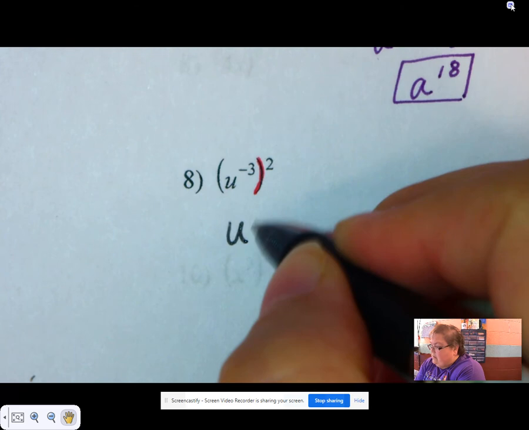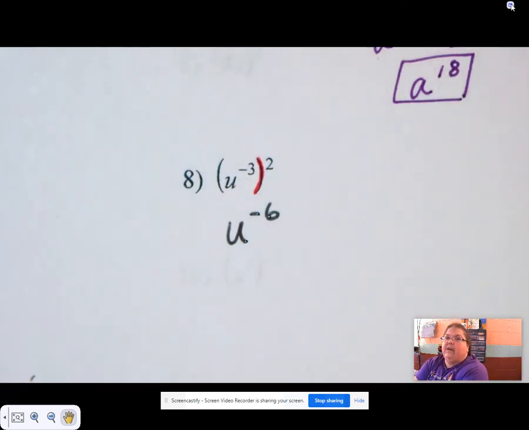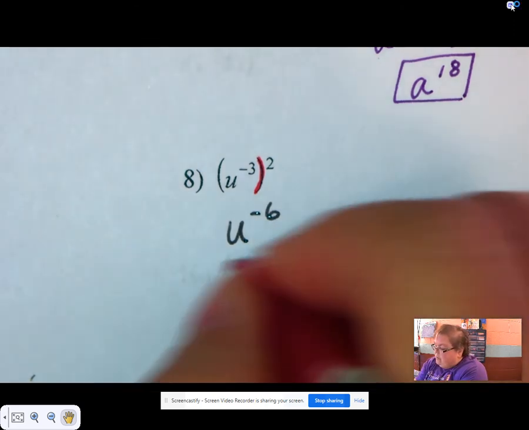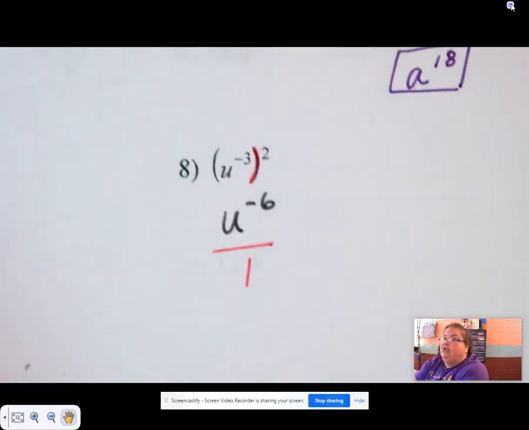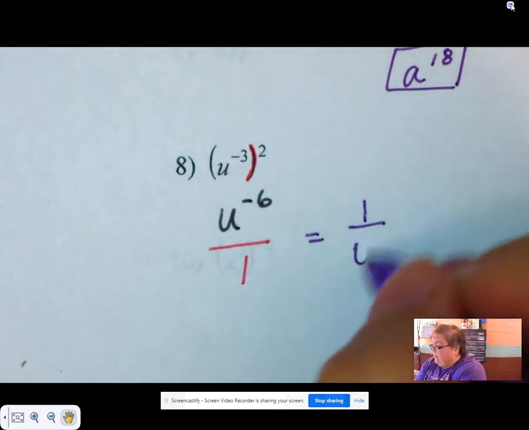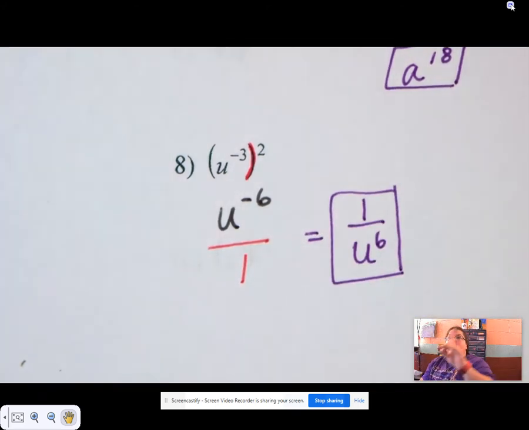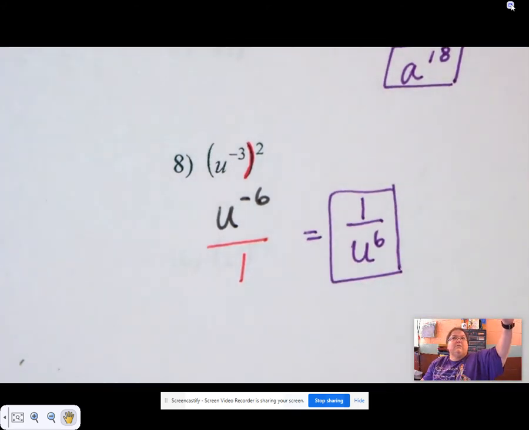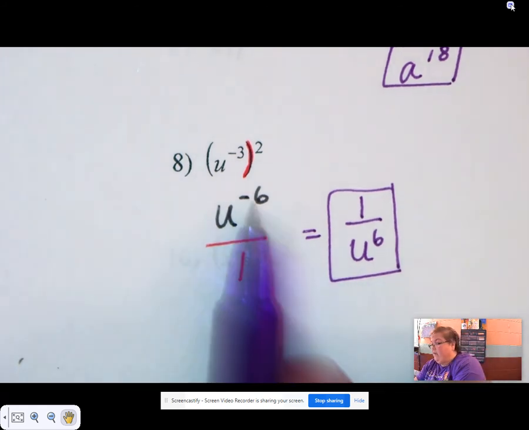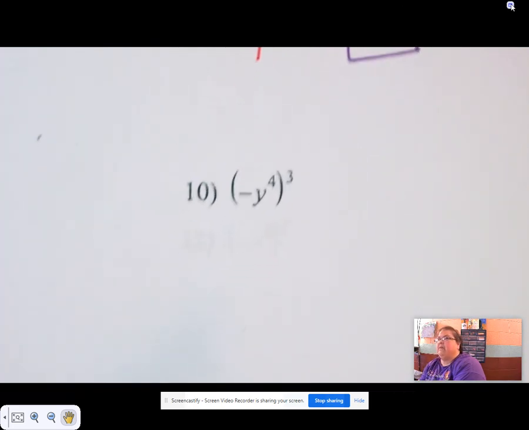Oh, what'd you get? I agree. Did you do anything else after that? You turned it into a fraction. I like that you did that. And then what did you wind up with your final answer? I agree. Got it? Questions? Make sure when you've got that negative exponent, you move it. Now look at number 10 and work that one.